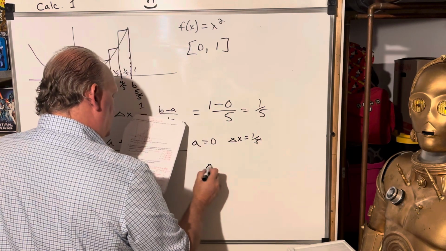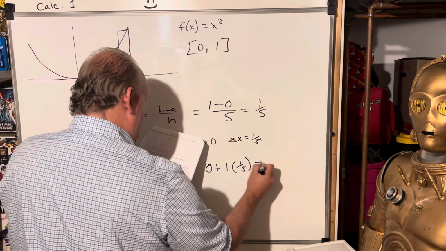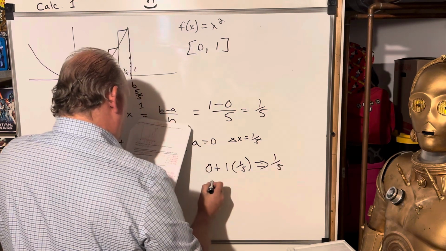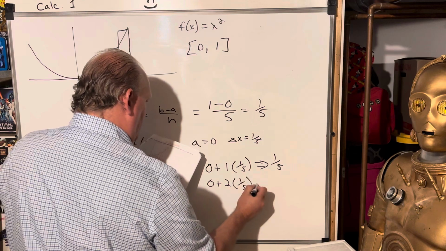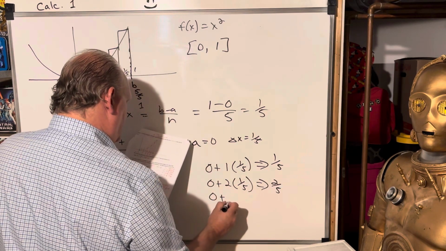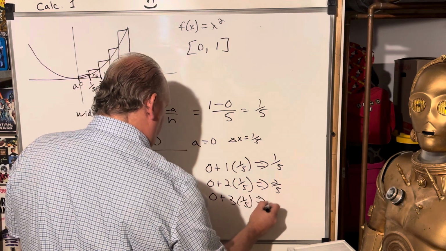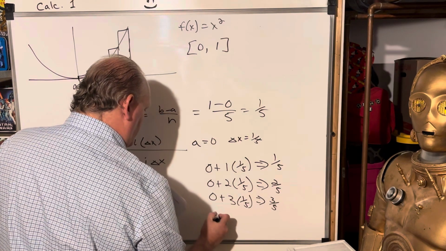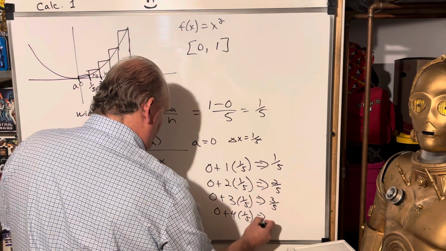So I got 0 plus 1 times 1/5, which is 1/5. 0 plus 2 times 1/5, which is 2/5. 0 plus 3 times 1/5, which is 3/5. 4/5. And 5/5.